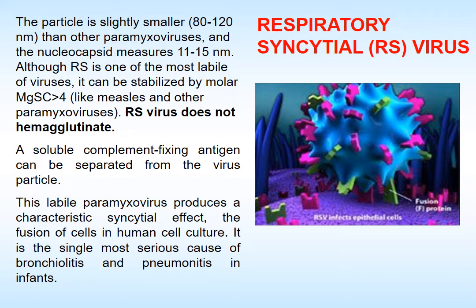This labile paramyxovirus produces a characteristic syncytial effect, and the name of this virus comes exactly from this biological property, the possibility to create fusion of cells in human cell culture, and this virus can cause serious bronchiolitis and pneumonia in infants.